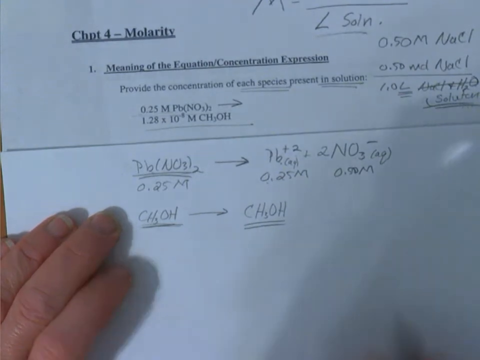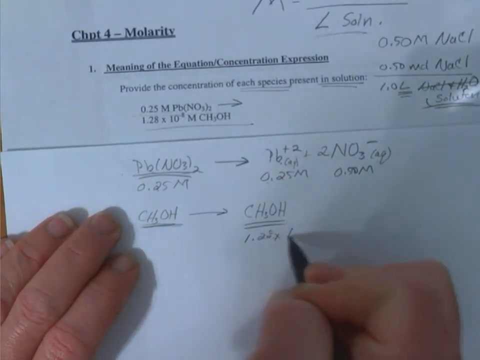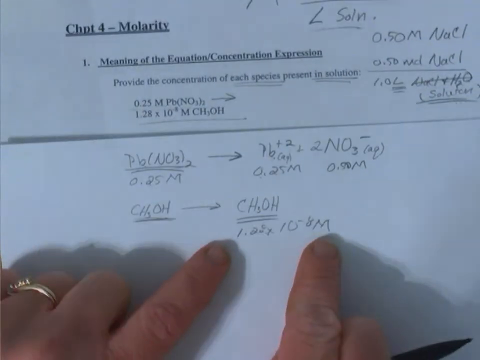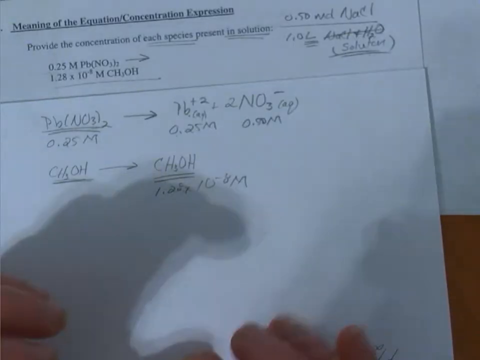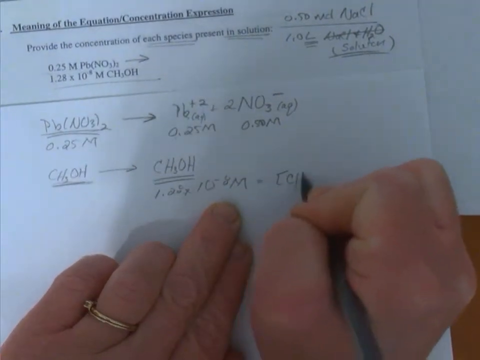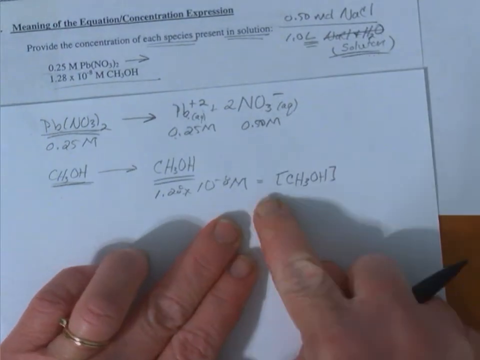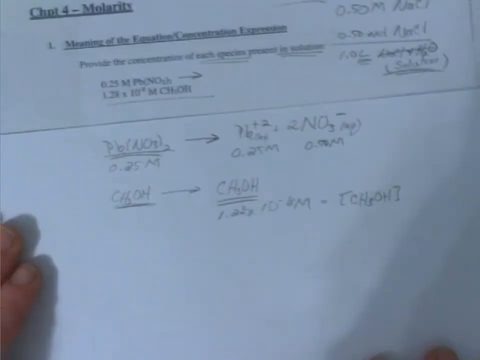And so the concentration of this will be the concentration of this. Now, whenever we are expressing concentration in molarity, we can identify the solute and place it in brackets. So I could say that is the concentration of CH3OH, not parentheses, square brackets. We are detailed in chemistry. Okay, so we've answered that.